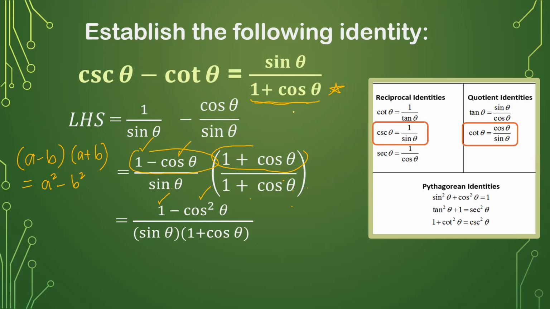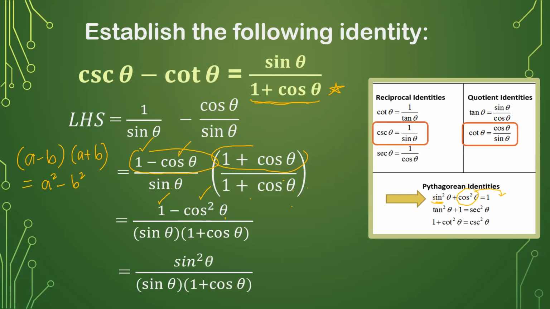Okay? Ayan. So 1 minus cosine squared sounds familiar. That will be equal to what? Diba? By moving this to the other side, kasi magiging 1 minus yung gusto natin, that will just be sine squared theta. So that means numerator is just sine squared theta.